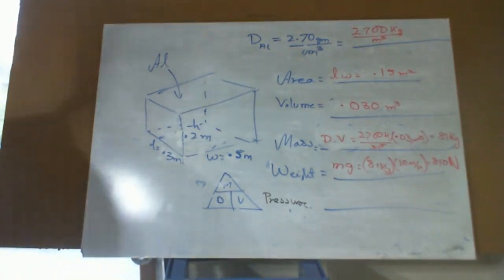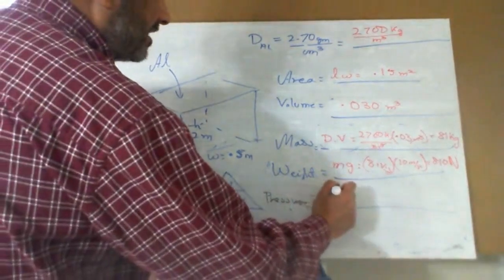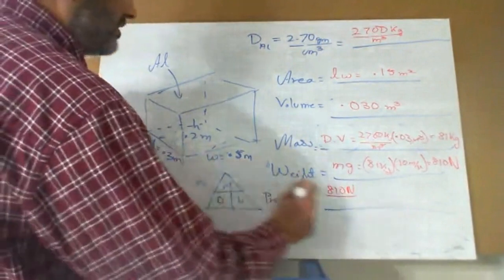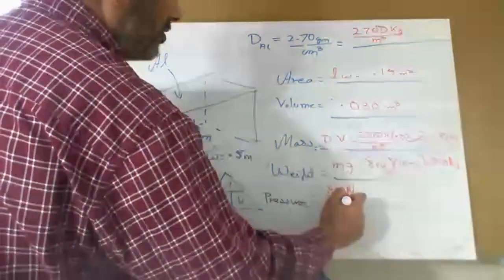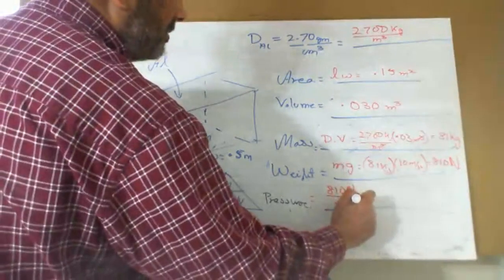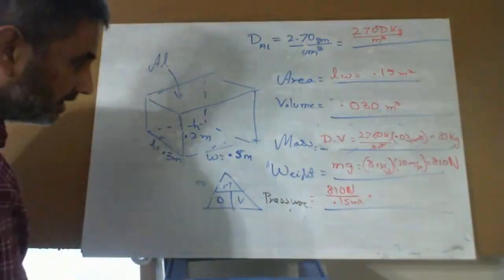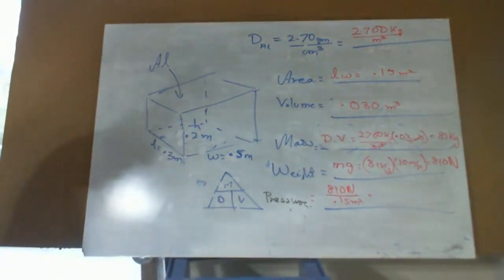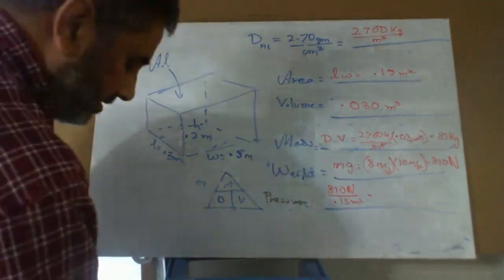And the pressure would be the weight, which is 810 newtons, divided by the area, which is 0.15 square meters. Okay, so if I divide 810 by 0.15, I get 5400.